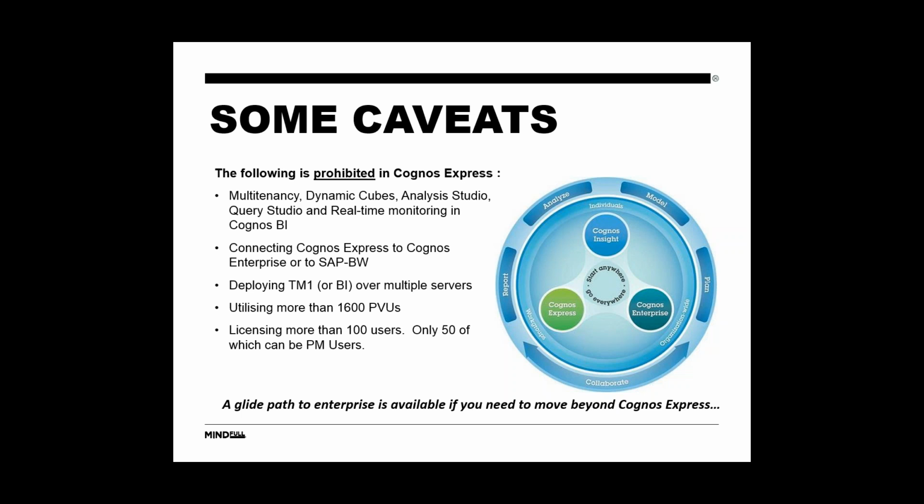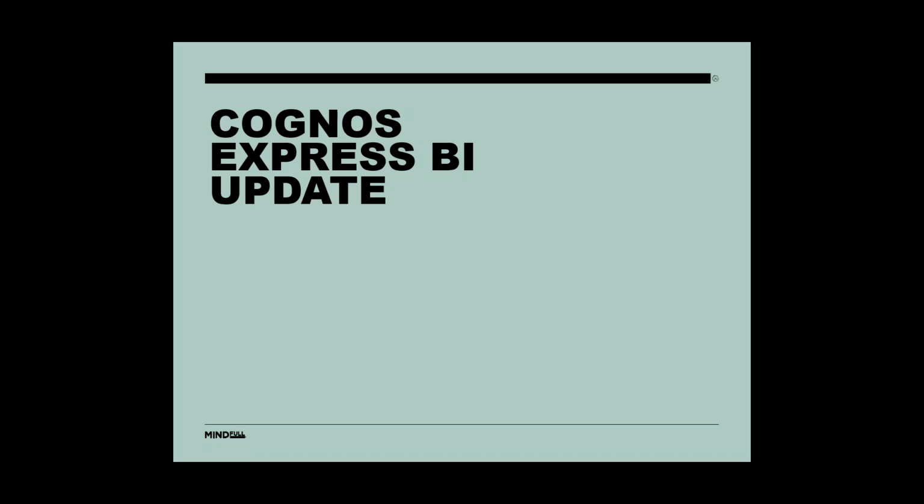The restriction where you're only allowed 100 users still holds true for this version of Cognos Express. So you can license up to 100, and of those, only 50 can be pure performance management users as well. But the good news is, because it's the same technology as the enterprise version, it makes it even more straightforward to migrate from the Express version to the enterprise version, should some of your requirements fall outside of these caveats.